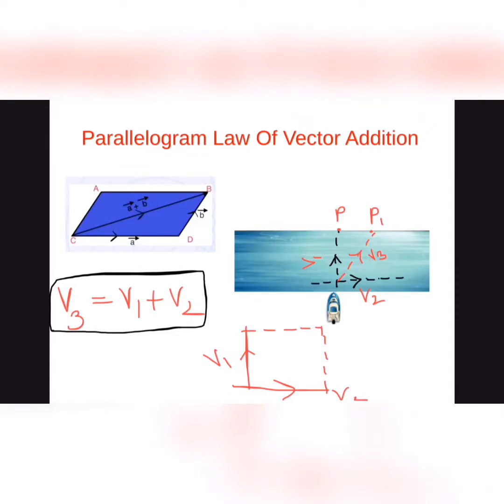We know that from our lower classes. Now, by the parallelogram law of vector addition, the V3 vector, which is the diagonal, is the sum of V1 and V2. Hence, we can find this V3 vector using the parallelogram law of vector addition.